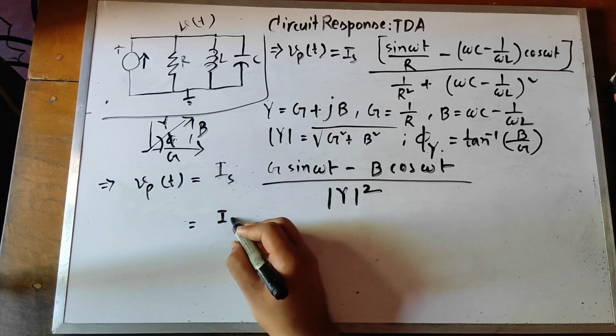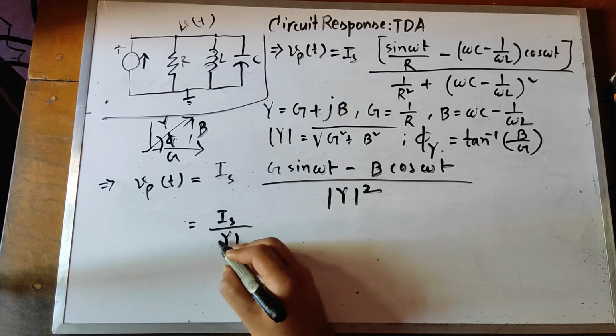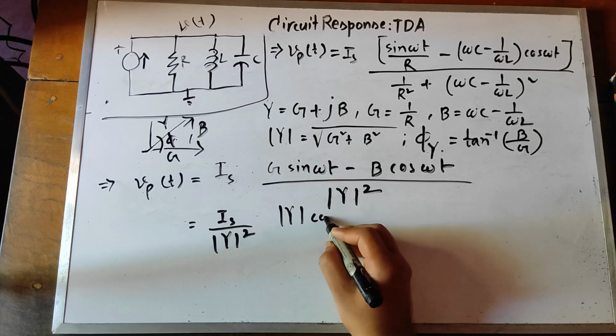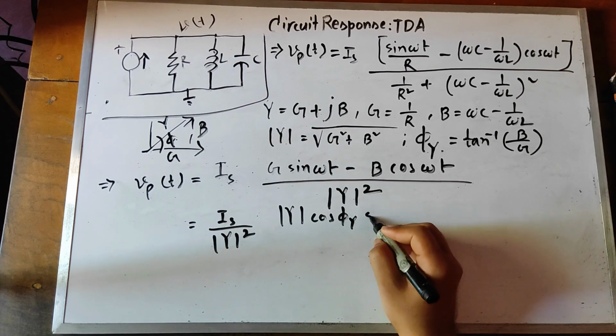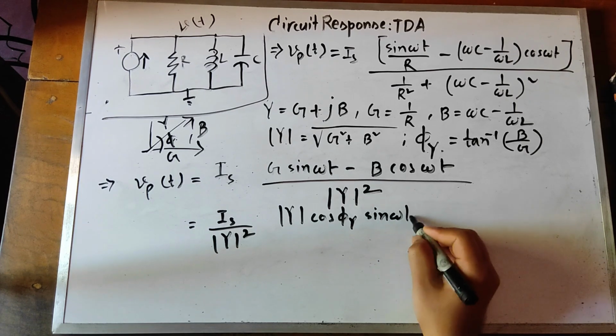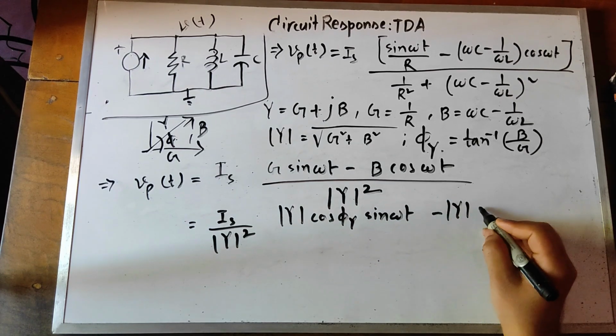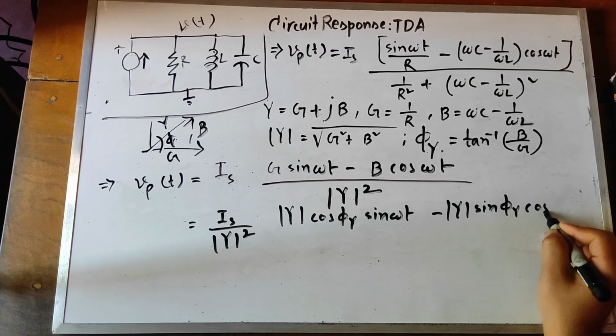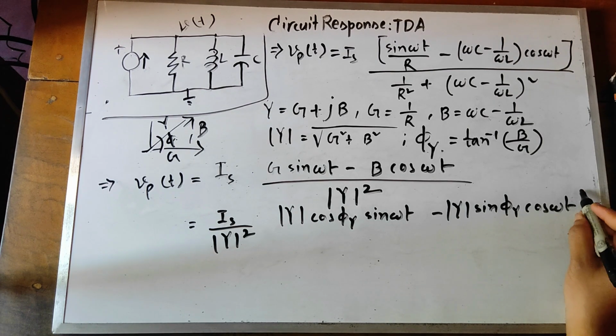Now Y squared, so Y cos phi Y sine omega t minus magnitude sine phi Y cos omega t.